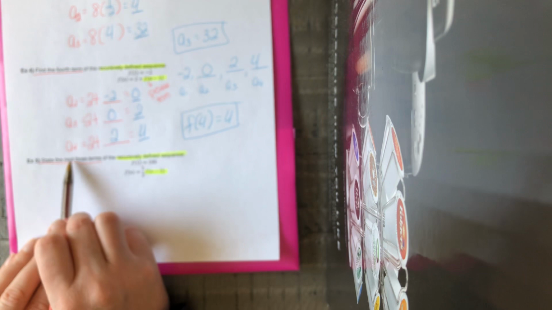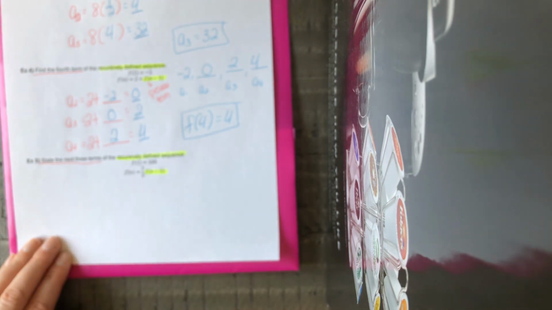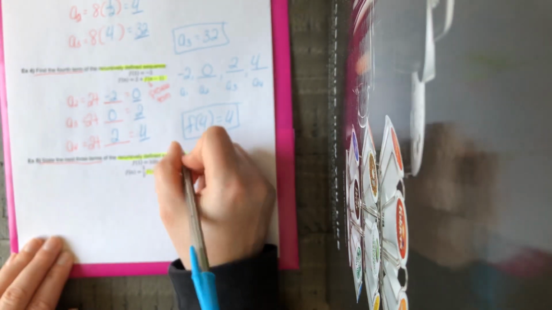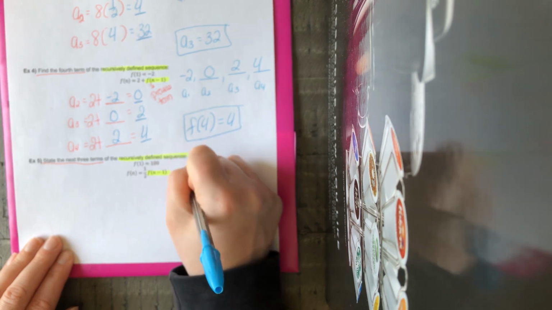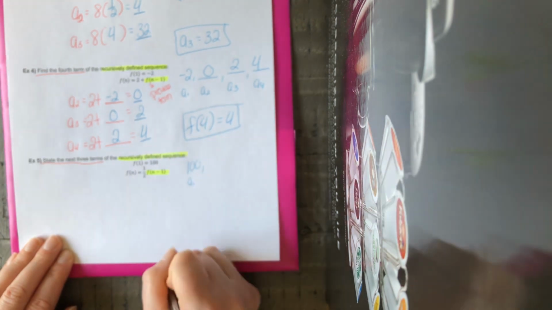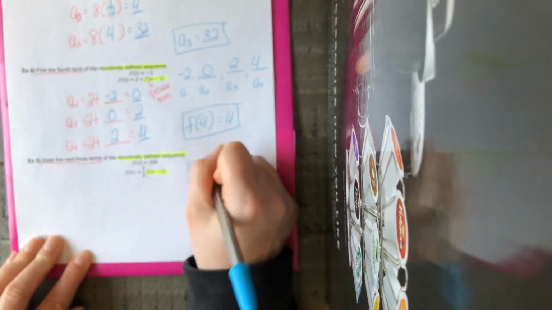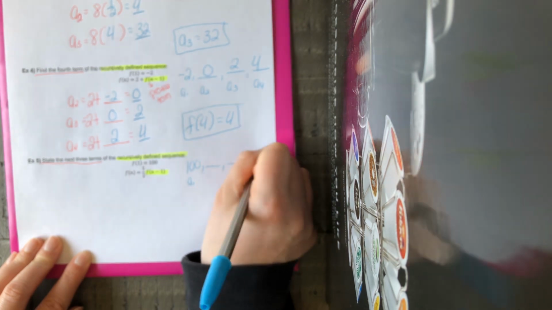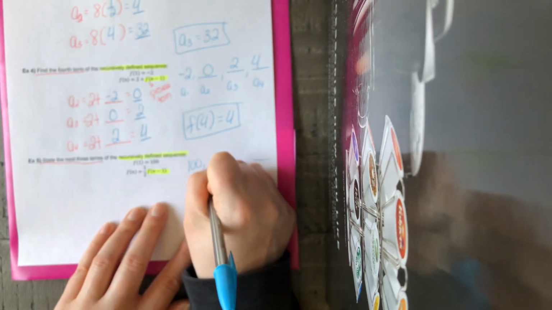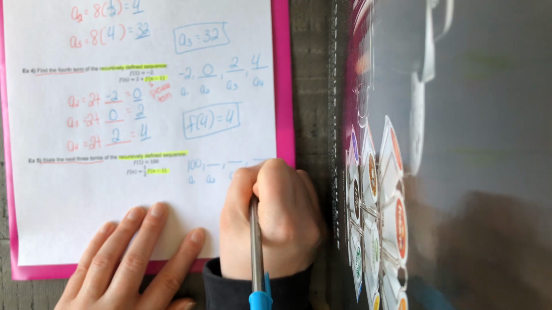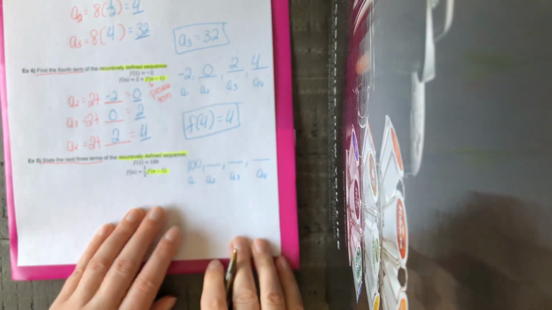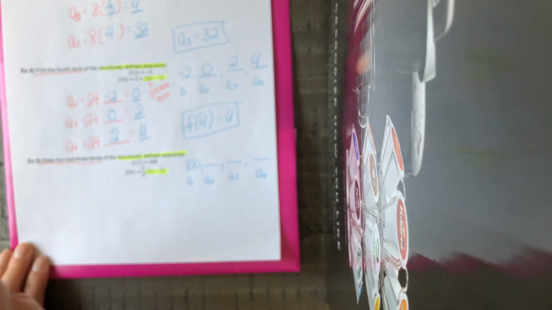So if I want to find the next 3 terms, I'm going to start out by listing what those would have been. So my first term is 100, and I want to find the next 3. So 1, 2, 3. So that's going to be A2, A3, and A4. So that's what I'm going to list out on the side here.